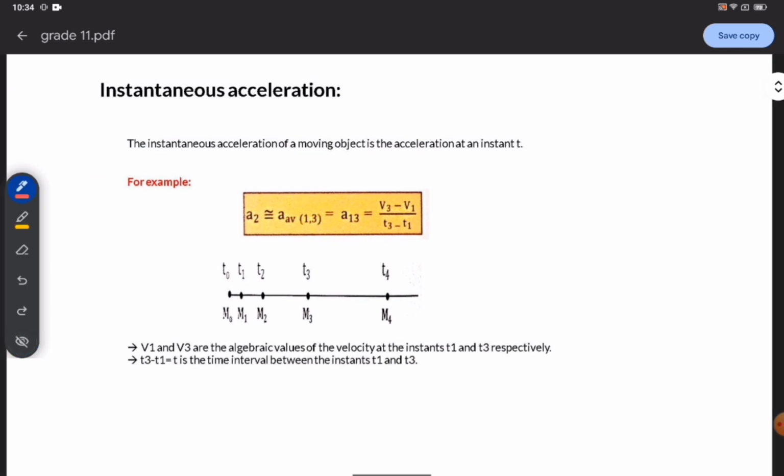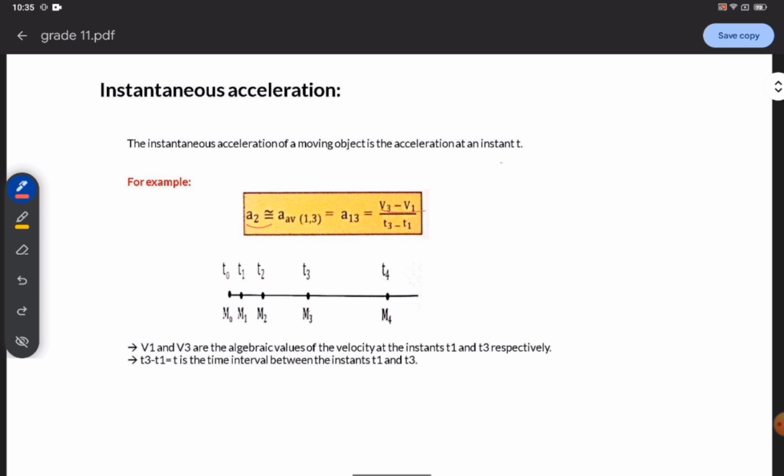Instantaneous acceleration. The instantaneous acceleration of a moving object is the acceleration at any instant t. So, for example, a2 equal v3 minus v1, the velocity just after 2 minus the velocity just before 2. So it's v3 minus v1 over t3 minus t1.